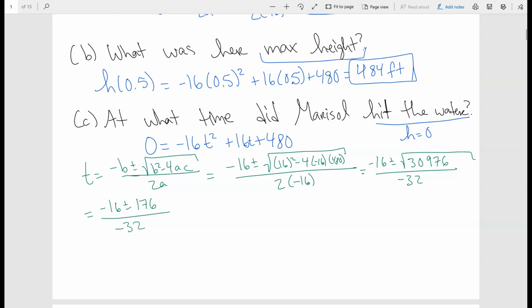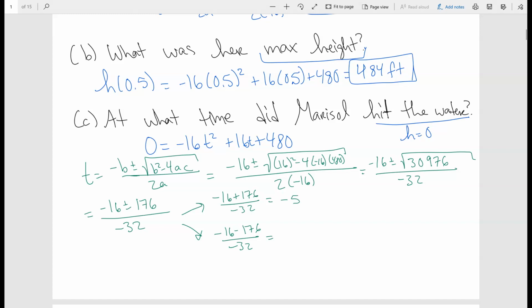Okay, so now notice that this is going to break up into two different things: negative 16 plus 176 divided by negative 32, then negative 16 minus 176 divided by negative 32. The top one, negative 16 plus 176 divided by negative 32, is going to give me a negative 5.